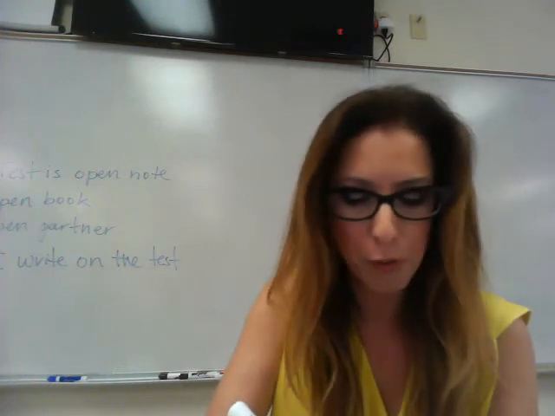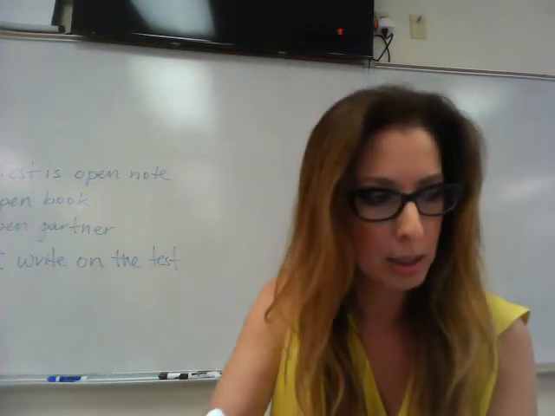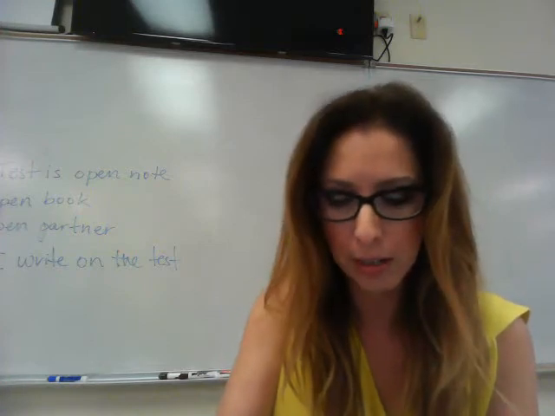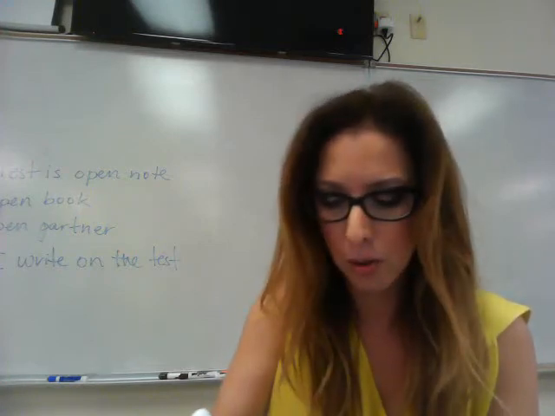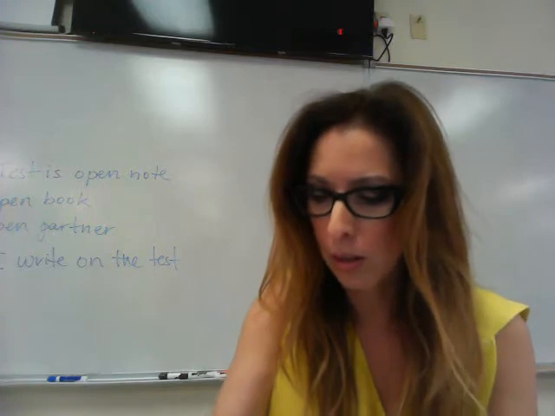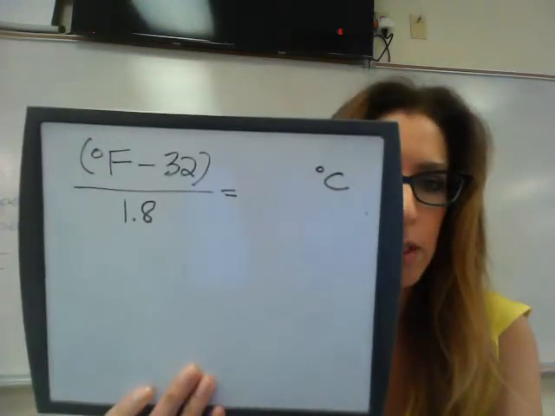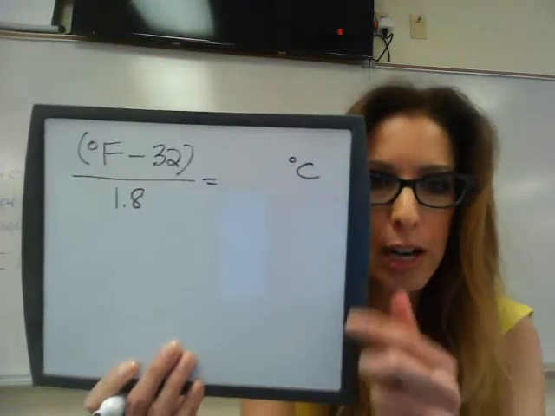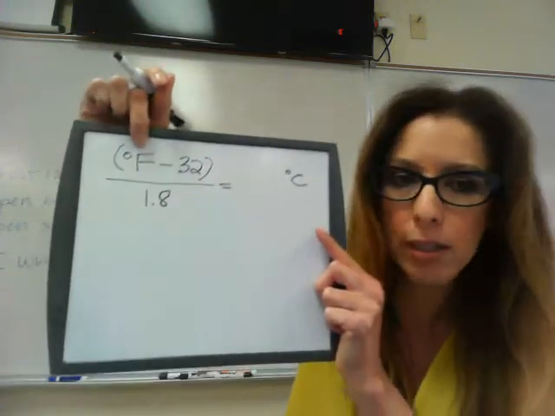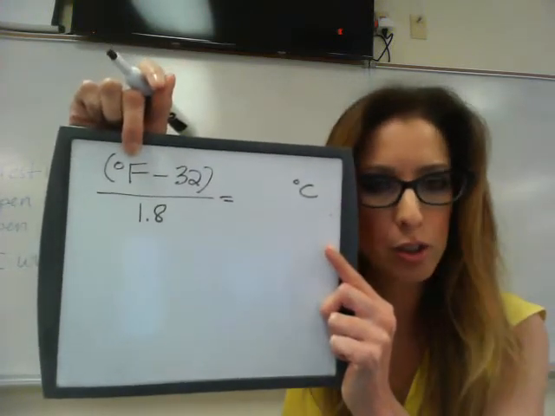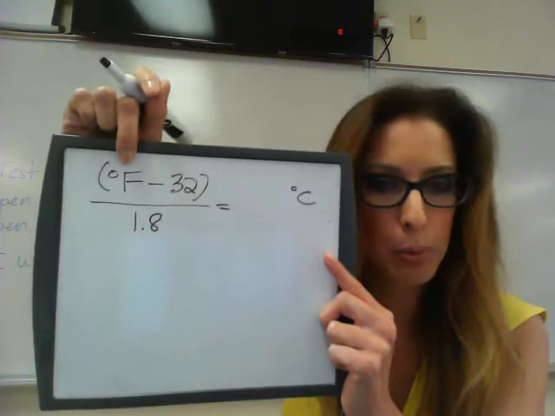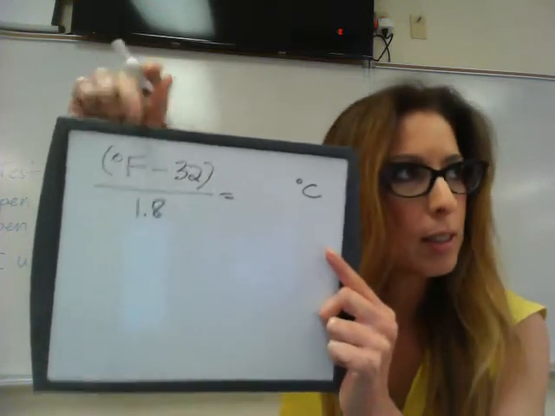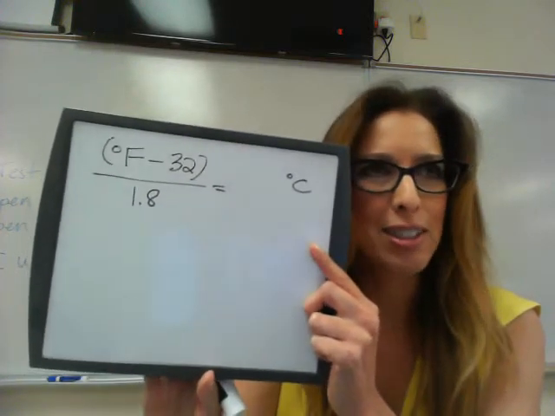So if I'm going to convert to degrees Celsius from degrees Fahrenheit, you're going to use this equation. When you have something in degrees Fahrenheit, you put it right here, subtract 32, and then divide by 1.8. That will give you something in degrees Celsius.